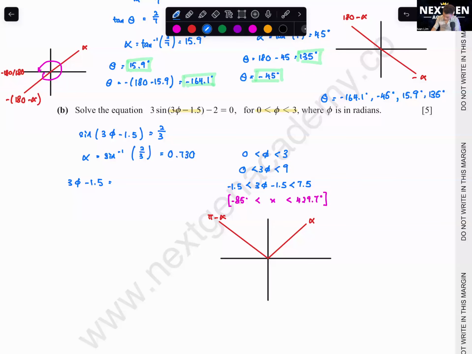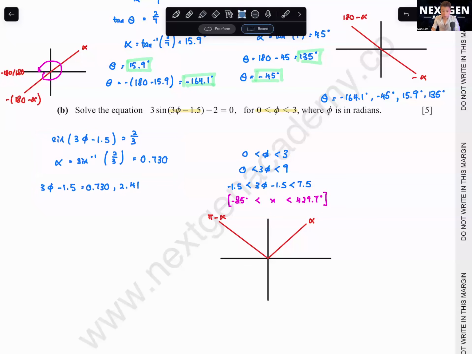You will have two answers here. What is alpha? It is 0.73. Pi minus alpha, we type pi minus 0.73, we'll get 2.41. Okay, 2.41 here.